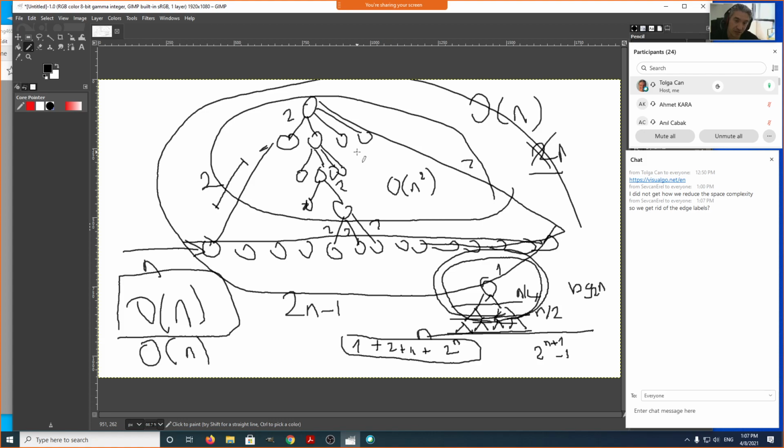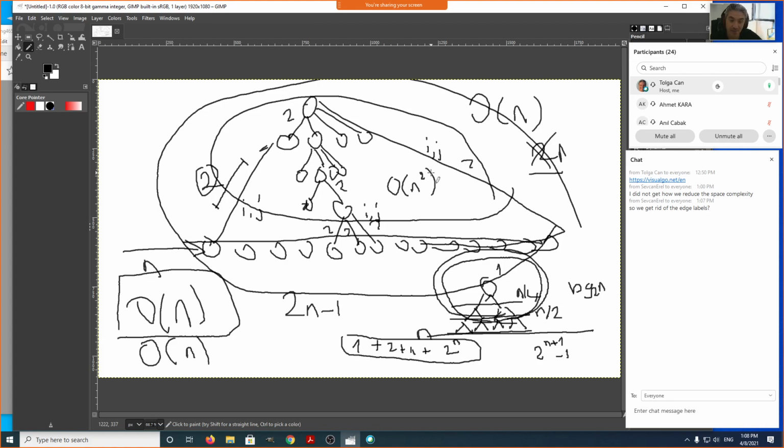We don't get rid of edge labels. We make them not arbitrarily long. We make them constant size. So what are these two integers that I store at the edge labels? i and j, because each edge label is a substring of the original string. So for each edge label, I store i and j, so it becomes constant. Therefore, the number of edges is O(n).